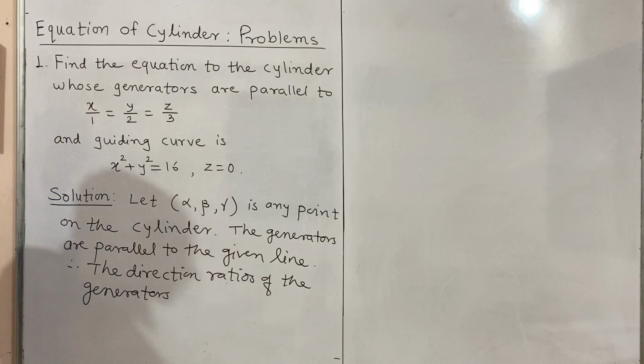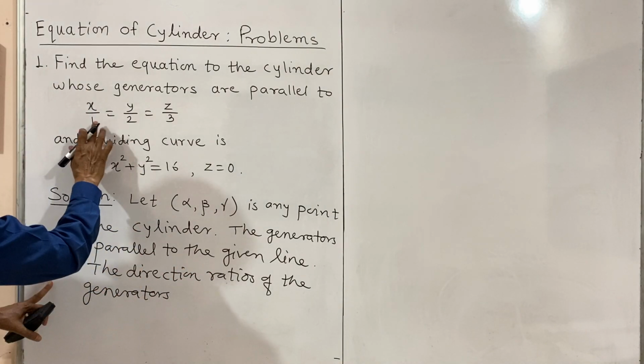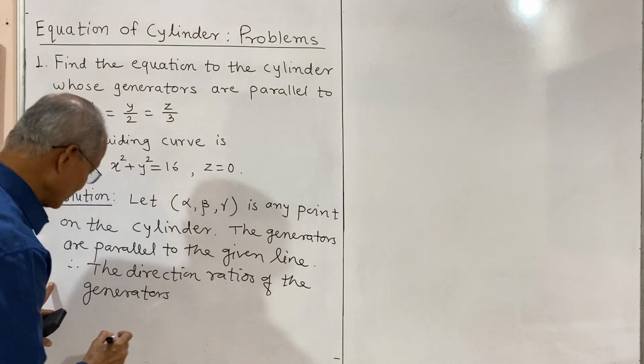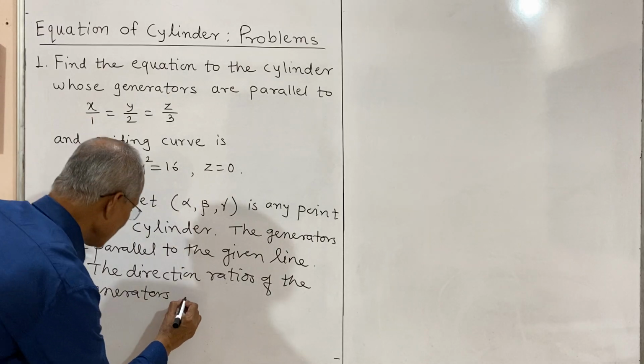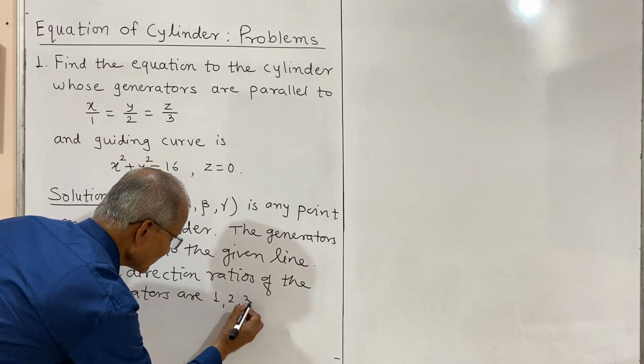There are infinitely many generators, but each generator has the direction ratios 1, 2, 3.